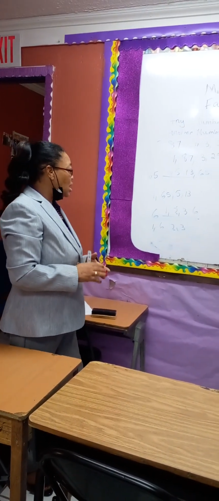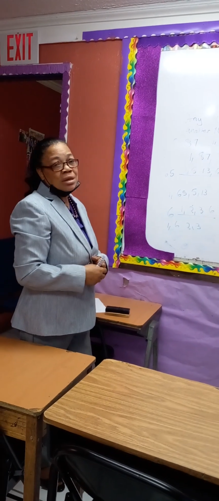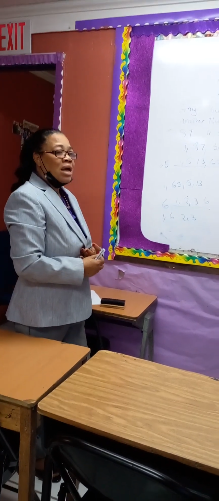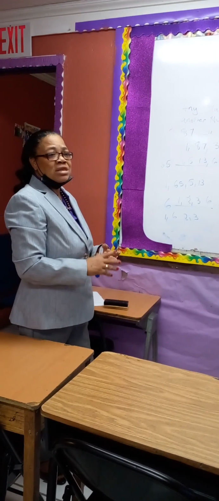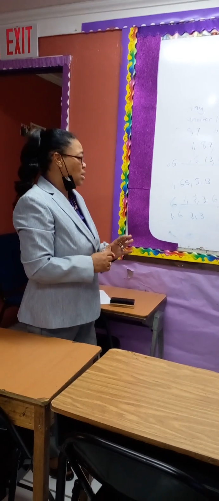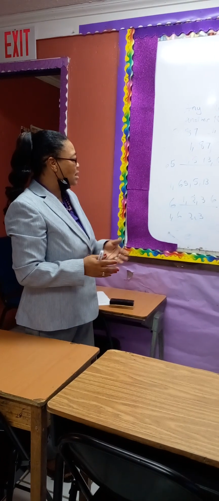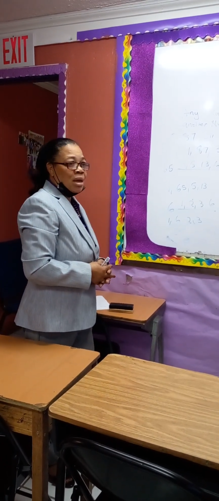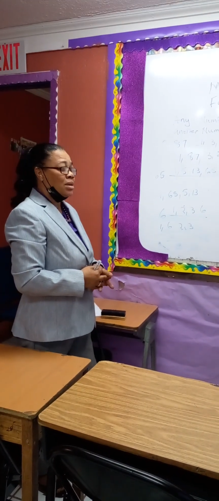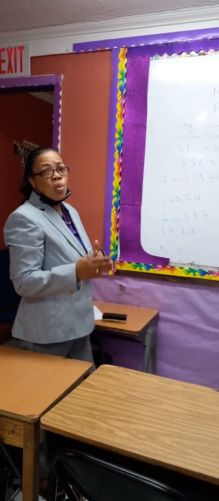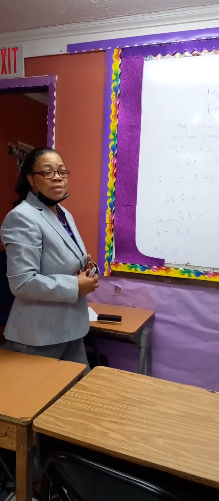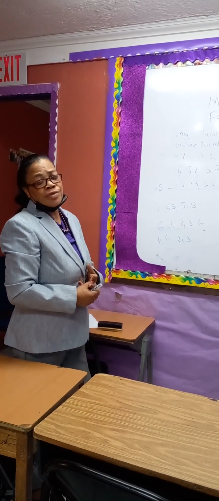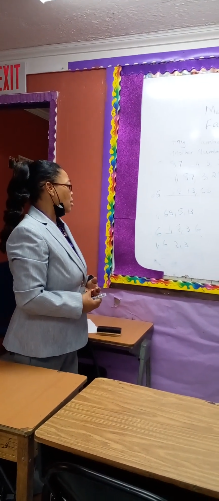What is an even number? An even number is a number that can be divided by 2. Even numbers normally end with either the number 2, 4, 6, 8, or 0. Then the next step is to try the number 3. It's sometimes a little bit hard to determine what numbers 3 can go into, and so most times we have to divide to see if 3 can go into the number without a remainder.